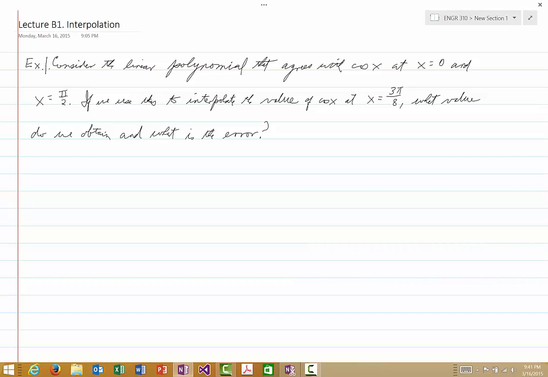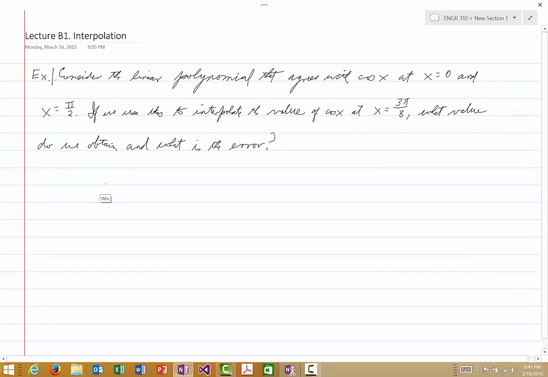If we use this to interpolate the value of cosine x at x equals 3 pi over 8, what value do we obtain and what is the error?